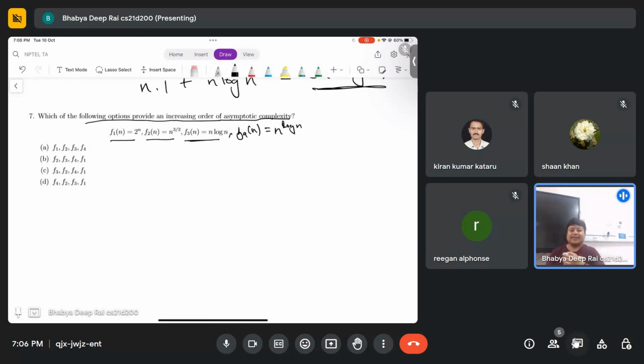So can you tell me what is the increasing order? Towards the left you'll have the smallest growing function, and towards the right you'll have the largest growing function. Can you tell me which of these options is true?